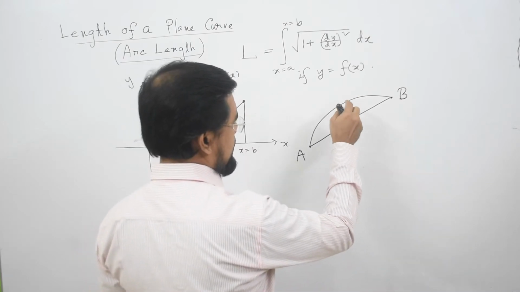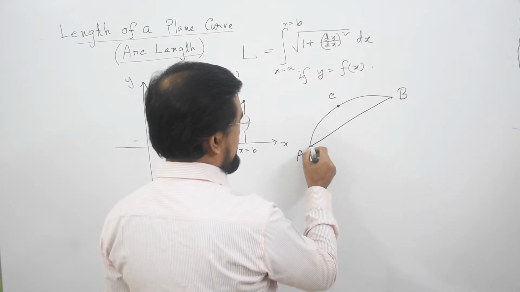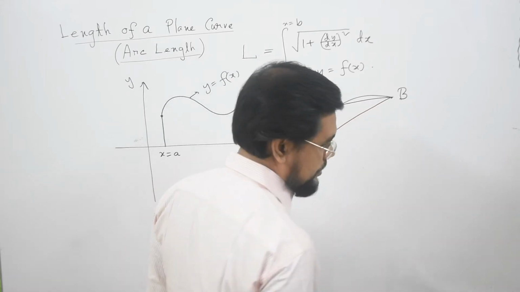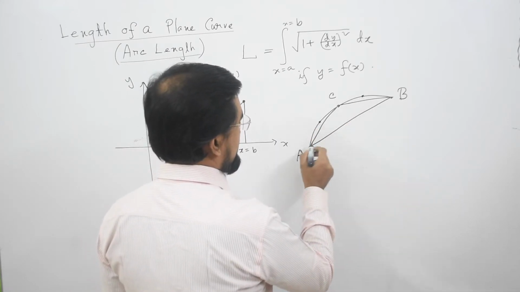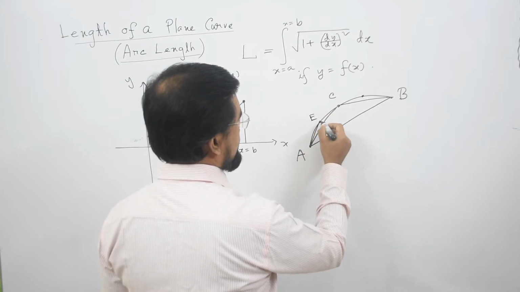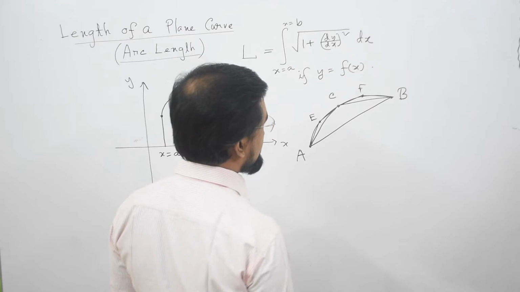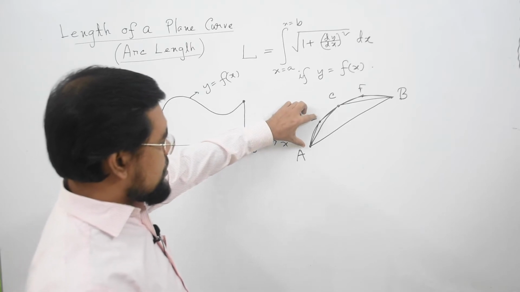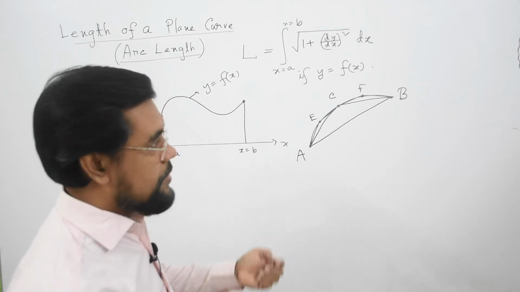But if you divide this curve at a point C, then if you add AC and CB, you will get a better result. And if you break it again here and here, then AE plus EC plus CF plus FB will be a better result. So the shorter line segments will provide us a better approximation to the arc length of this curve.